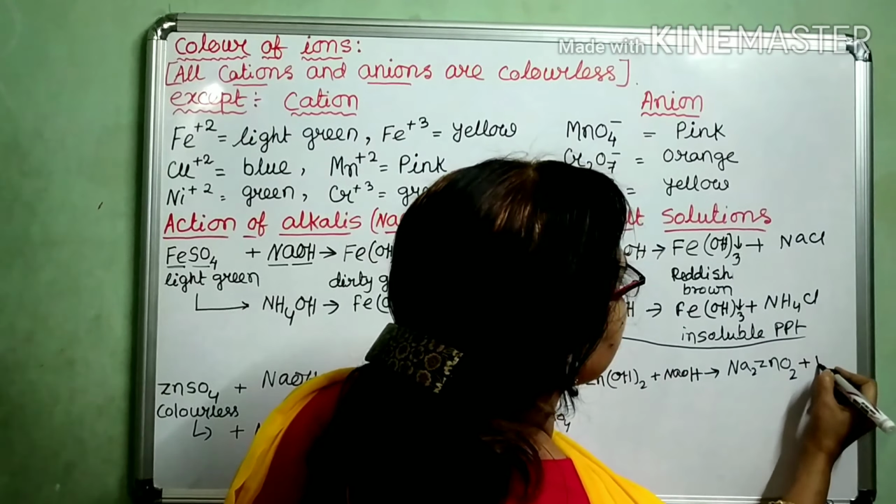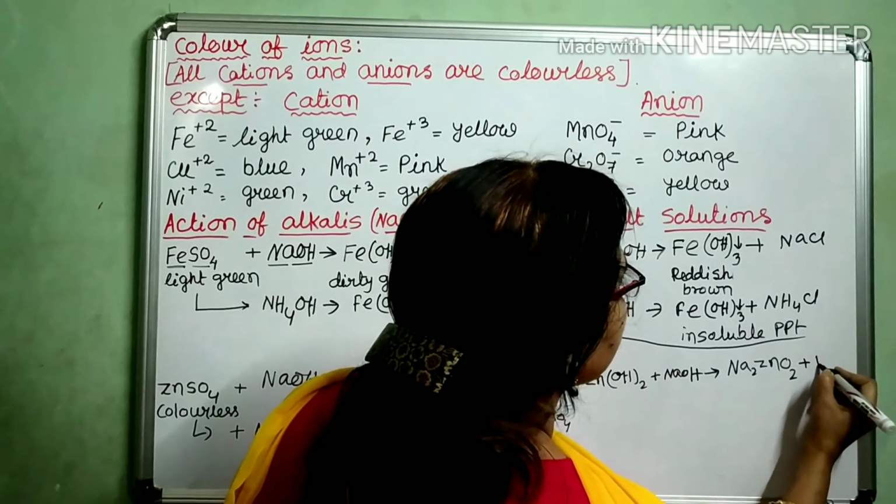It is a colorless solution. Then it is soluble, and a colorless clear solution is formed. Sodium zincate is formed.